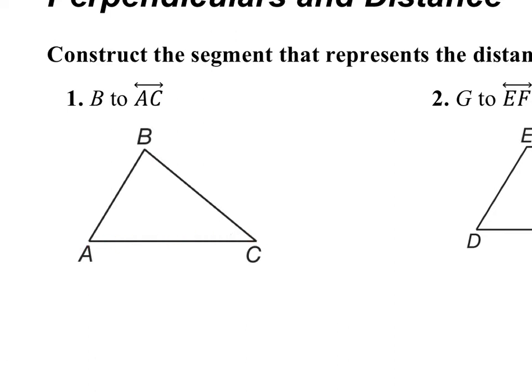And so what you'd want to do is draw a line from B going straight down to AC, and label that with a right angle. Okay, and that's it. You can then create an intersection point here and maybe call that D, and the shortest distance is the length from B to D. Okay. Now let's go ahead and take a look at number two.